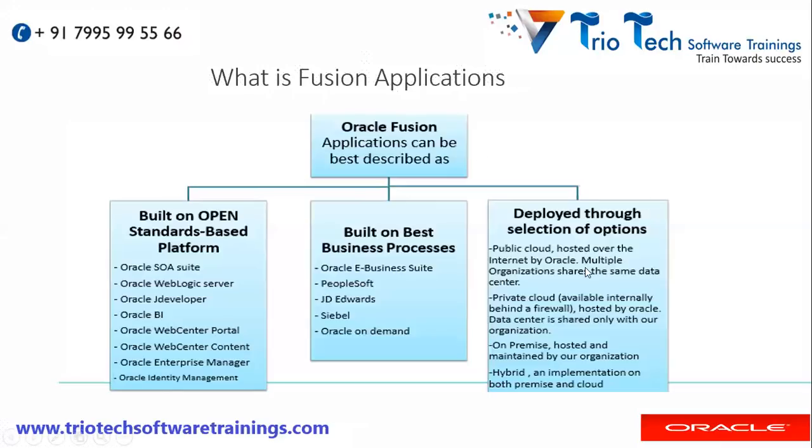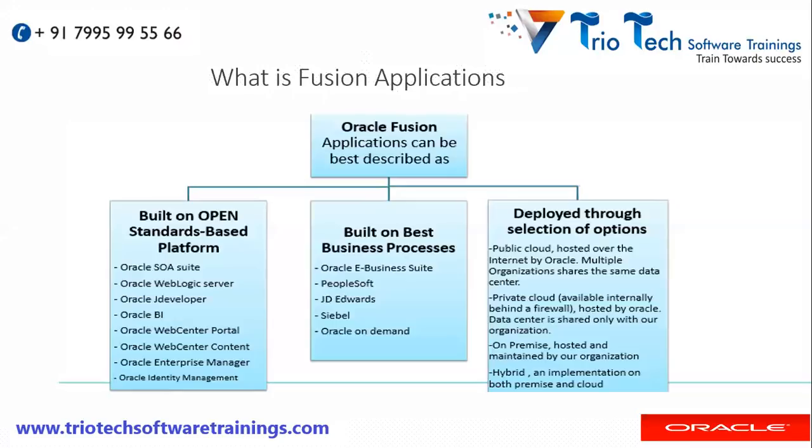Now, deployed through a selection of options. Oracle Fusion applications are not just centralized or standalone applications. They are created in a manner that can be deployed in various ways. We have public cloud, where Oracle manages all the servers, all the accessibility, all the sizing, all the networking, everything.